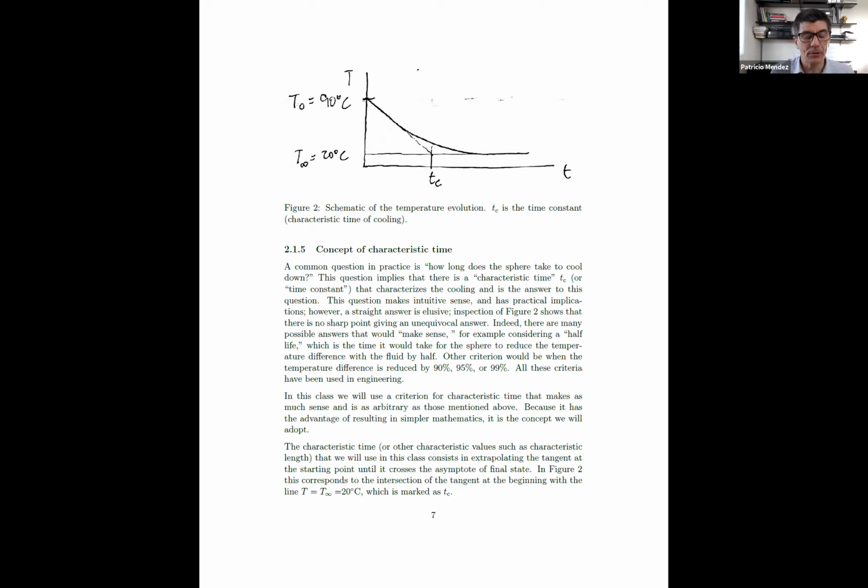We're always going to use the same concept: let's take a tangent at the start of the curve, and let's extrapolate that tangent until it crosses the line of the steady state. Where these two lines cross, the tangent at the start and the steady state, that's what is going to determine our characteristic time.